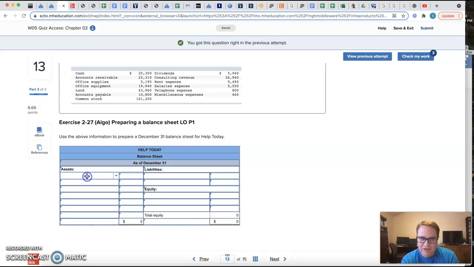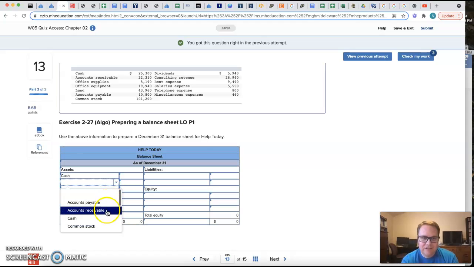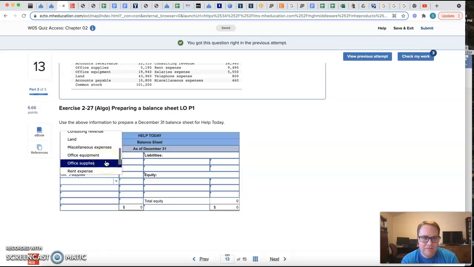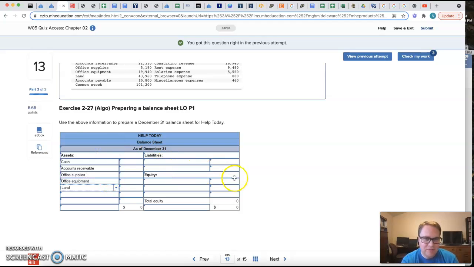And now we'll just go up here again and start adding the accounts, the different asset accounts: cash, accounts receivable, office supplies, office equipment. These are all things that the company, the firm, has to help them do their business.